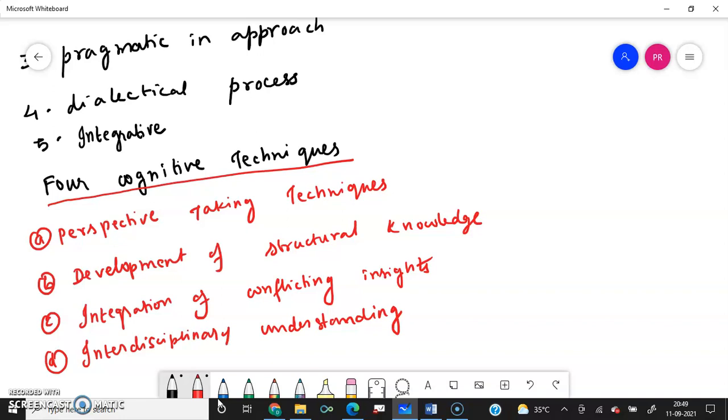From the village, people are going to the town for getting economic opportunities, etc. And sometimes from the town, people may go to the village. This is known as pull and push effect. One is known as pull, another is known as push.